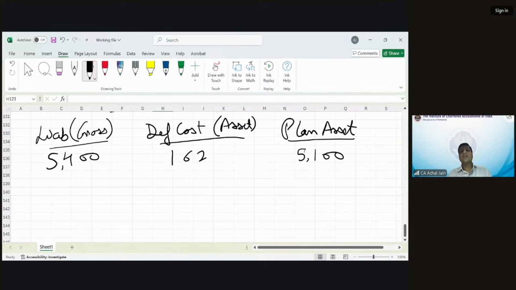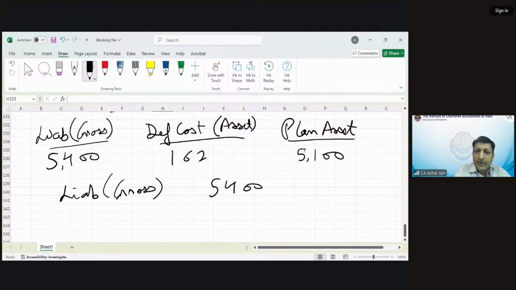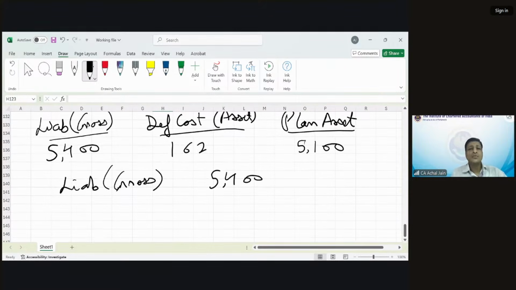Now what is the objective? The idea is to present these assets and liabilities in the balance sheet. So how do you present them? There are two ways. You can show the liability separately and show both of these assets separately. But this is not how you do this. They are always presented on a net basis. So what is going to be the net presentation? So first of all, you will put down the liability gross, 5,400. Okay. From this, what do you do?